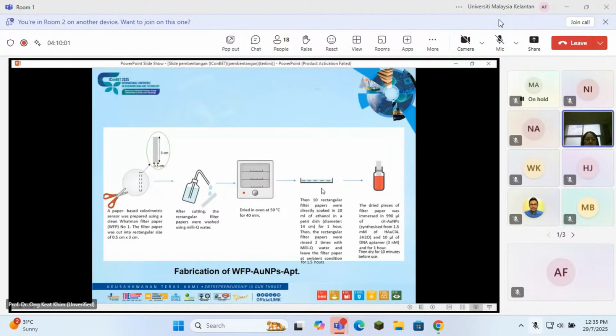Then we soak it in ethanol for 1 hour and rinse again, and dry it at room temperature for 1.5 hours. After that, we put the filter paper into the solution containing citrate gold nanoparticles and DNA aptamer for 1 hour. Finally, we dry it for 10 minutes before using it for detection.